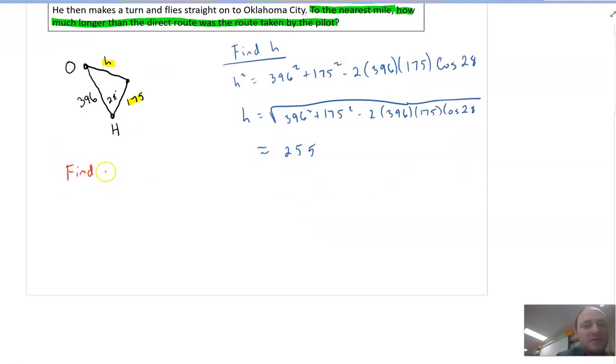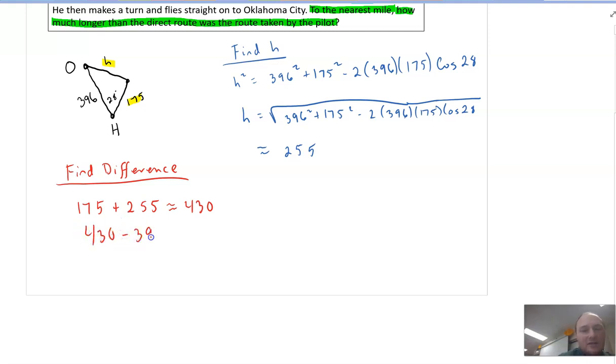So if I want to figure out how much longer, now I'm going to find the difference. The difference is going to be 175 plus 255. That's how much was flown, approximately 430 miles. Then if I want to figure out the difference, I can take 430 and subtract the direct flight amount, which gives us approximately 34 miles.